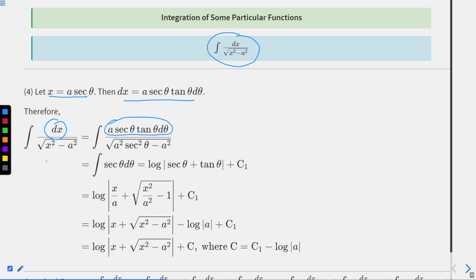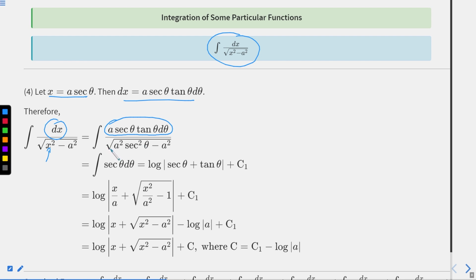Put x square as a square sec square theta. Taking a square common, you are left with a square multiplied by (sec square theta minus 1), and sec square theta minus 1 will be just tan square theta.